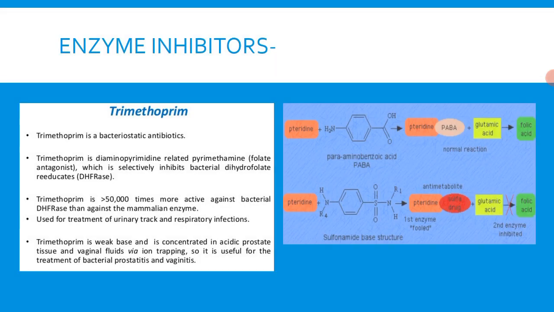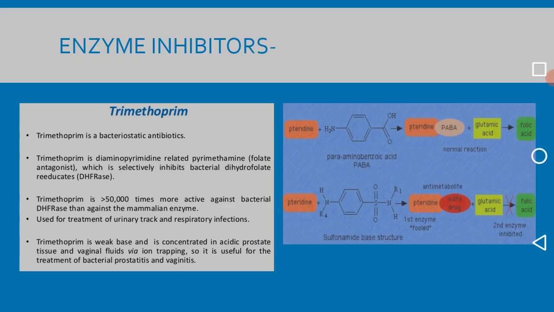Alright, then trimethoprim is more than 50,000 times more active against the bacterial DHFRase than against the mammalian enzyme. It is mostly used for treating urinary tract infections as well as respiratory tract infections.